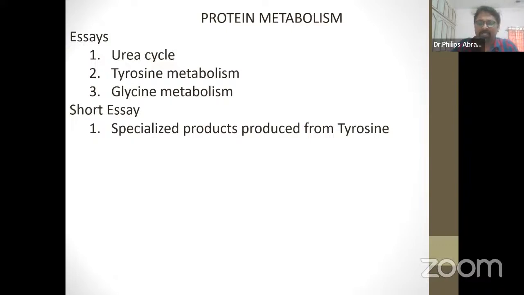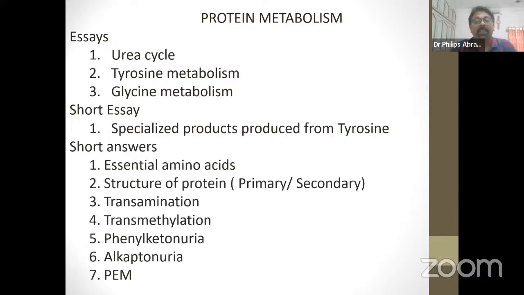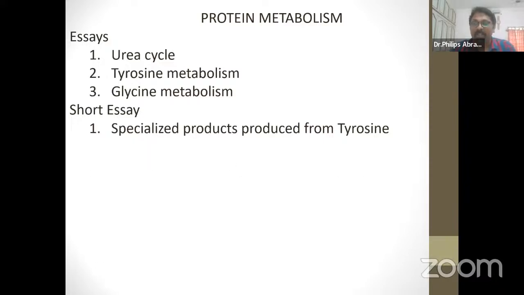Another question is on glycine metabolism, mainly what are the biochemically important compounds produced from glycine? There you can have two questions. One is biochemically important compounds produced from glycine, or biological importance of glycine. If the question is biochemically important compounds produced from glycine, you can straight away go for glutathione, purine, creatinine, collagen, heme.